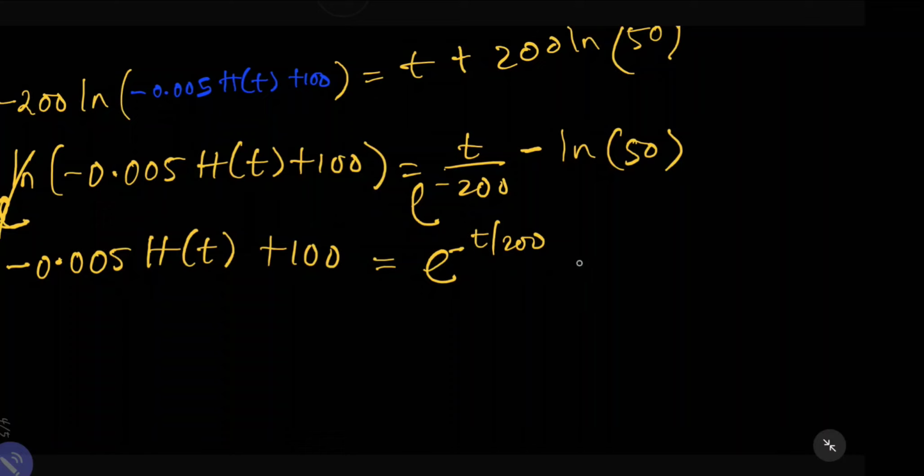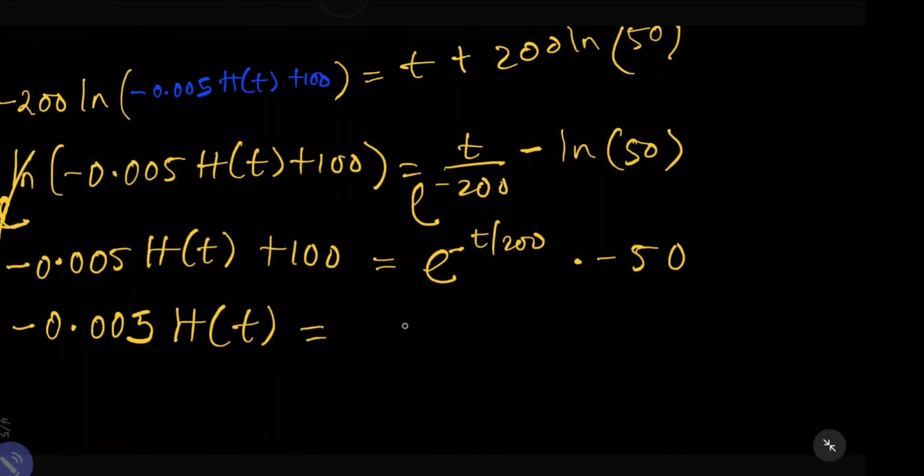So this is times minus 50. Okay, so moving on, we're going to remove 100 from the left hand side. So this would be minus 0.005 h of t equals minus 50 exponent of minus t over 200 minus 100.